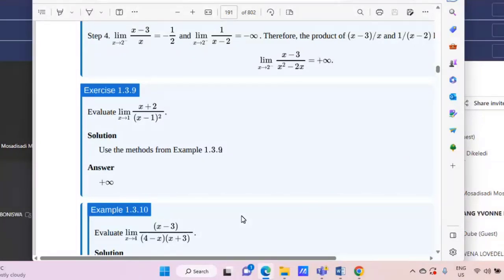When they say x approaches 4 from the left, you approach 4 with all the numbers from maybe negative infinity towards 4. Same as when they say x approaches 4 from the right, you approach 4 from infinity to 4.